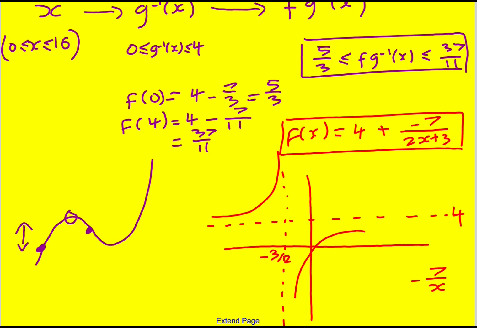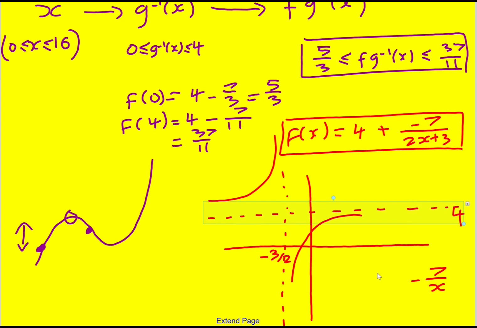Although it should have moved up even more, sorry, let me move it up to there, because I know when I've got 0, I should be getting 5 over 3. Okay, that's more accurate. So I've got my 5 over 3 here.